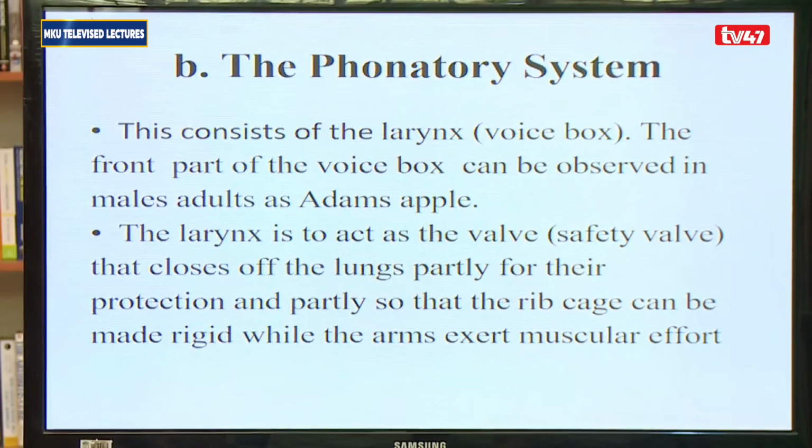So the larynx acts as a valve. Actually, it has been called a safety valve. The function of the larynx is to close off the lungs, partly for protection, and partly so that the rib cage can be made rigid while the arms exert muscular effort.